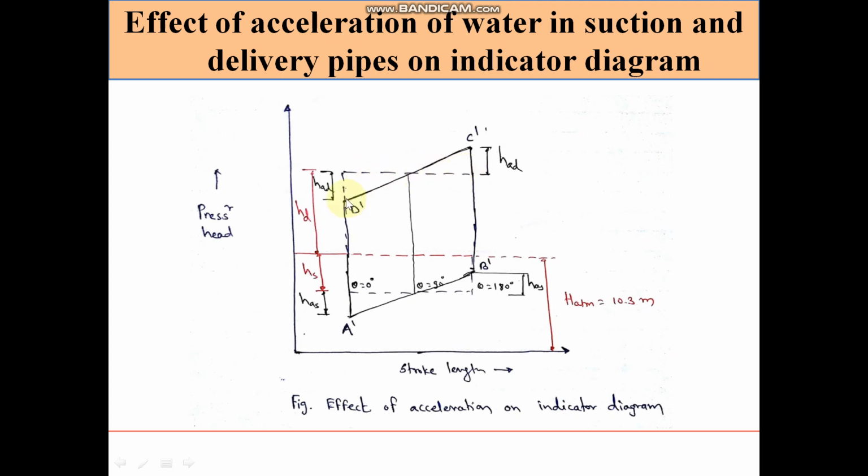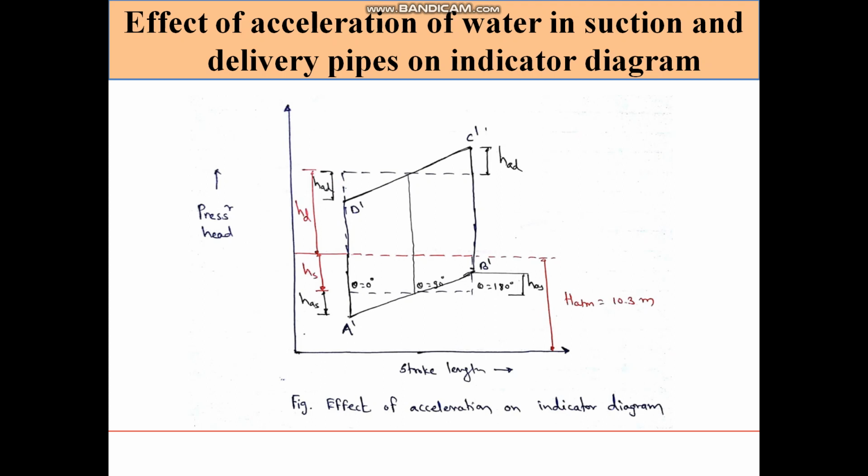At the end of delivery stroke, theta is 180 and acceleration head becomes negative, which should be subtracted from delivery head. Therefore this height HAD is representing acceleration head at delivery pipe at the end of delivery stroke.